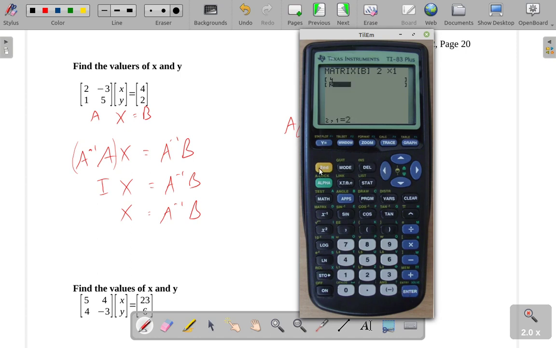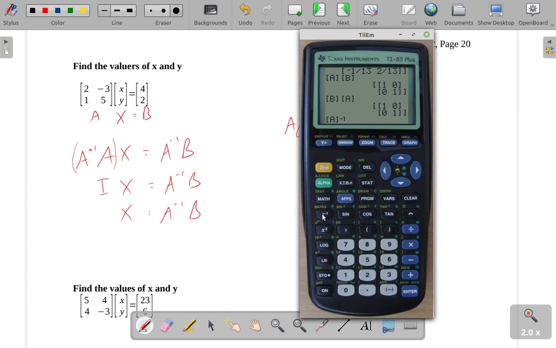All right, I'll hit second quit, and I want to do A inverse times B, so I'm going to go back into matrix, choose A, you can see that's what's selected up here, press enter, and do inverse. If you're doing this on the TI-36X Pro, remember you go into exponent and then just type in -1 for your exponent.